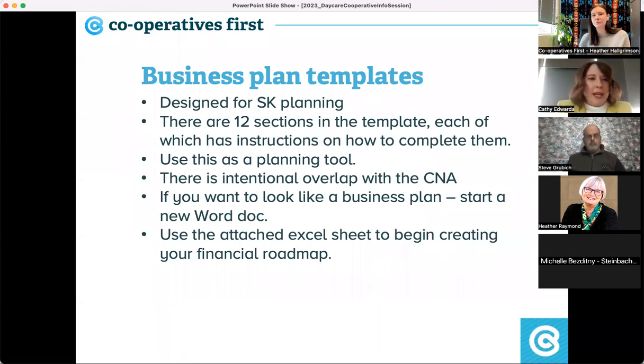If you want to create a polished, freestanding business plan, start a separate Word document and use the template as your skeleton or guide. Then there's also the Excel workbook, which we'll dive into in more detail, that builds out your financial roadmap, which will supplement your business plan.